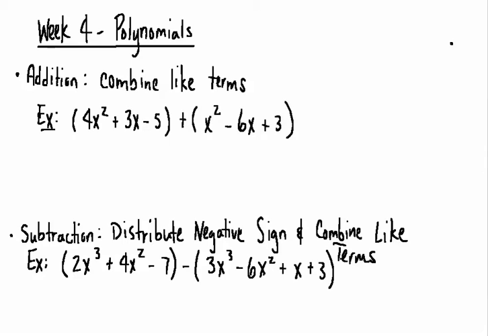I can drop the parentheses and write my x squares with the x squares, the x's with the x's, and the constants with the constants, and then just combine like terms like we normally do. So I'm going to drop the parentheses. I'm going to write the 4x squared and the x squared together.